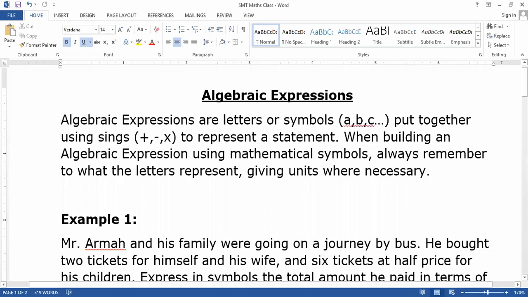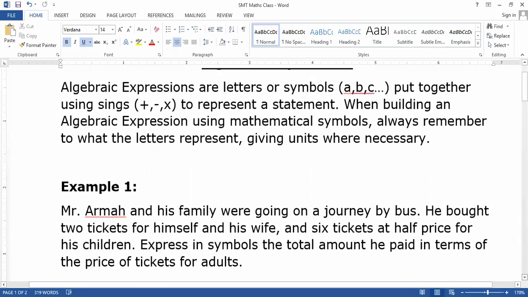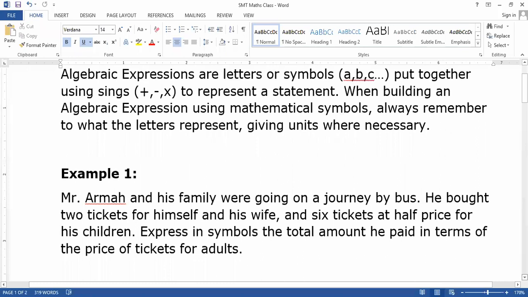So let's look at an example. Mr. Amar and his family were going on a journey by bus.